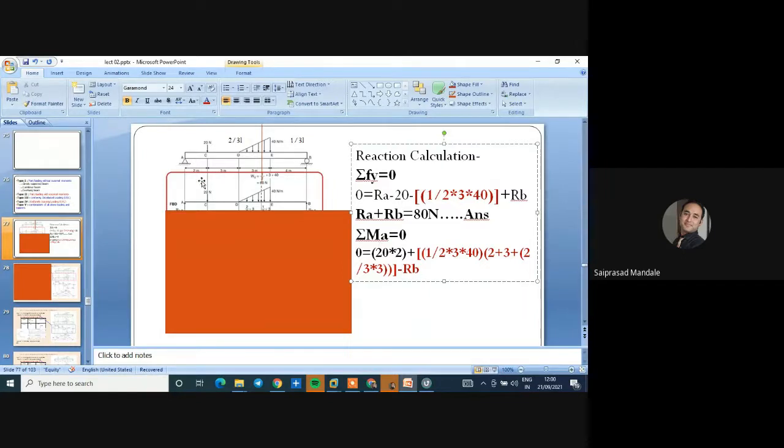The distance is 2 plus 3 plus 3 plus 4. It is 2 plus 3, 5, 5 plus 3 is 8, 8 plus 4 is 12. From the above equation, only RB is unknown.